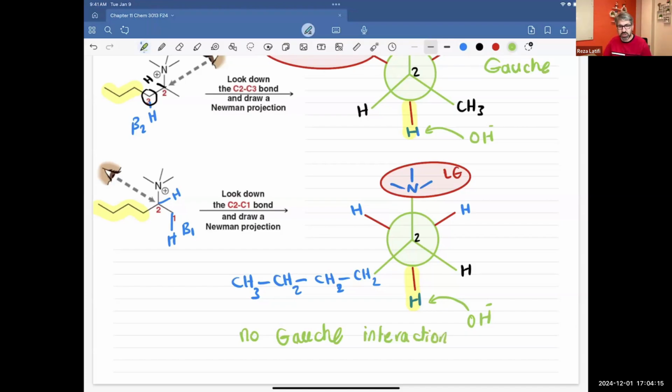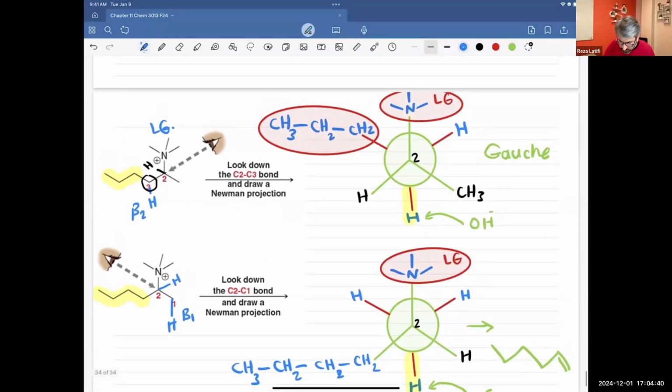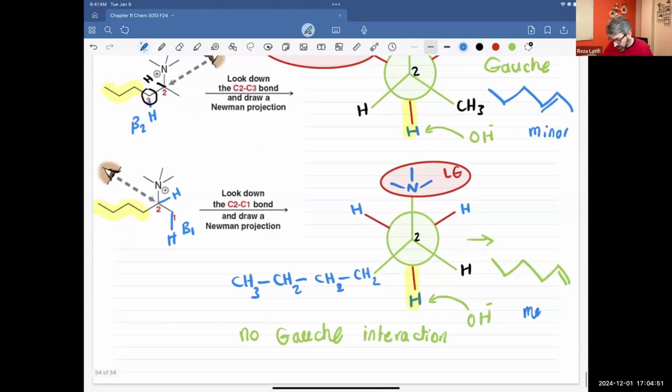Because we don't have any gauche interaction, removing hydrogen from the terminal carbon is favored. So this one gives us the Hofmann product, while the top one will give us the Zaitsev product. I said this one is going to be the minor, and that's going to be the major.